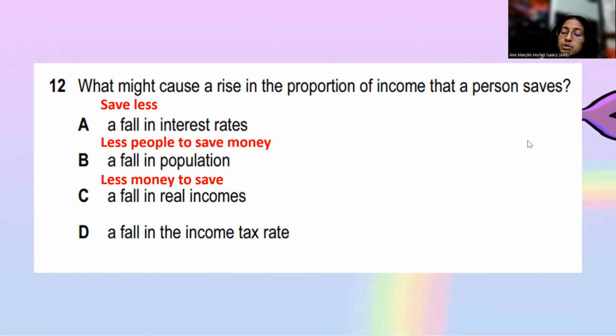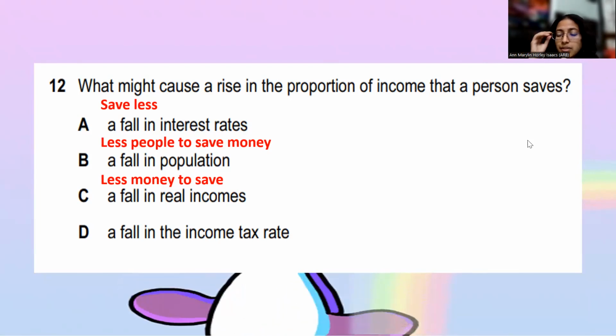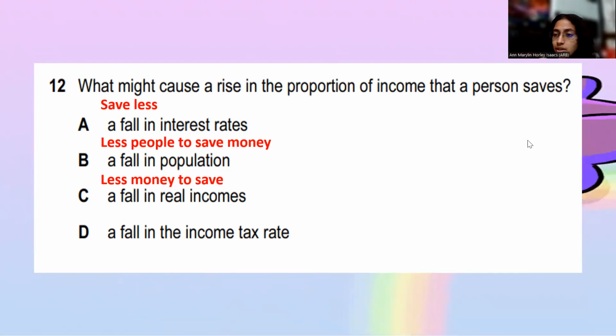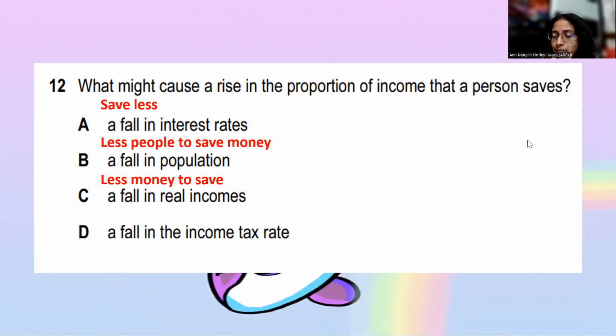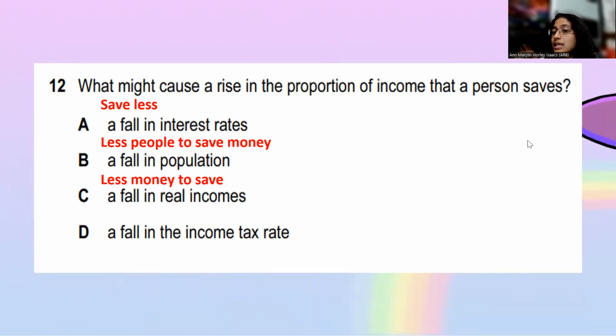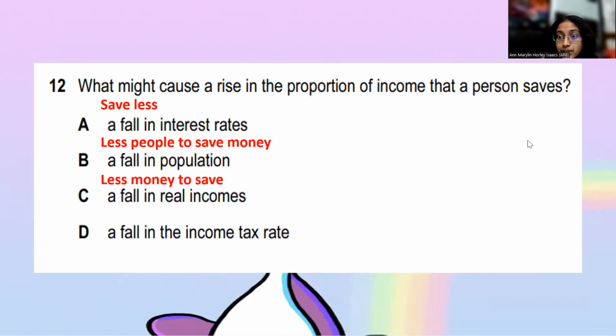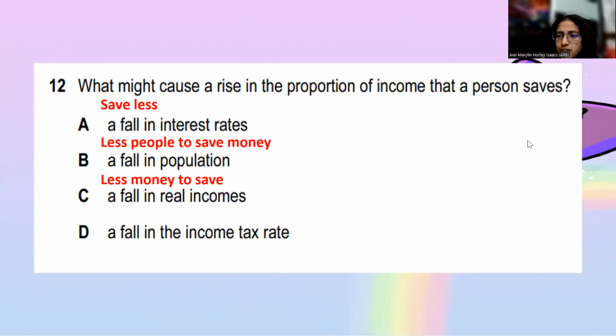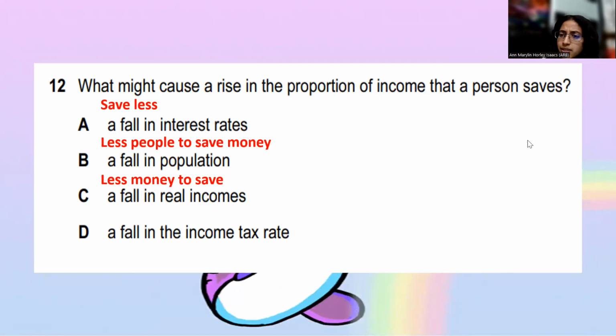So let's say you used to be earning 1,000 ringgit a month, and say your expenses are about 700 ringgit a month. Okay, so formerly you were able to put aside 300 ringgit for savings. But now let's say that you are only earning 800 ringgit. Firms are cutting down, firms are downsizing, whatever.